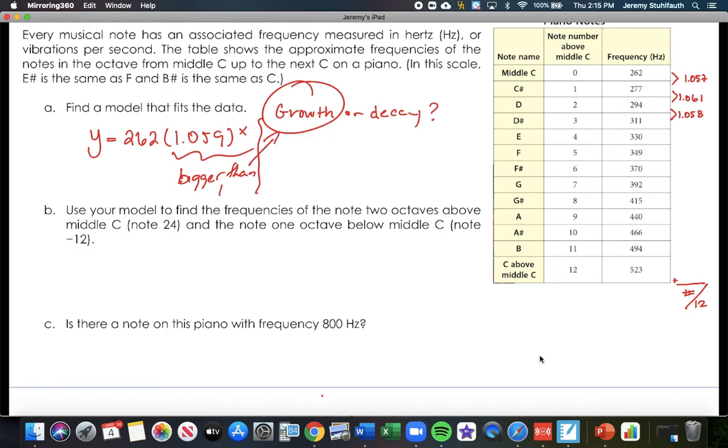Okay, and since this is growth, if I asked you what is the growth rate, you would take 1 plus r is equal to 1.059, subtract 1, and get r is equal to 0.059. And then for the percentage, you would say that is 5.9%. So it has a growth rate of 5.9%.